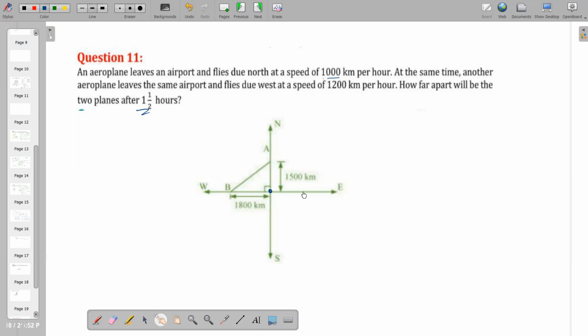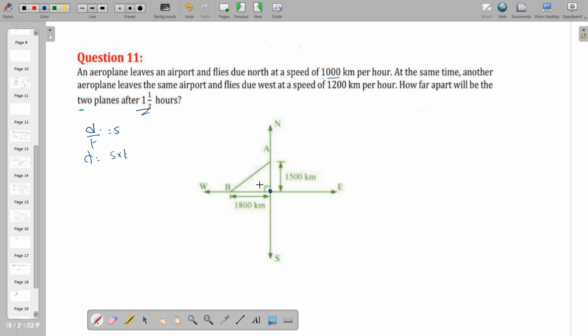So we need to calculate first the distance traveled in 1.5 hours by both of these. How do we know that? Speed is equal to distance by time, therefore distance is equal to speed into time. So we can use that.